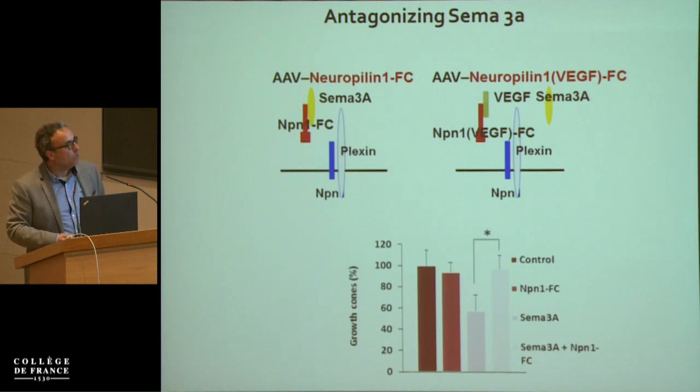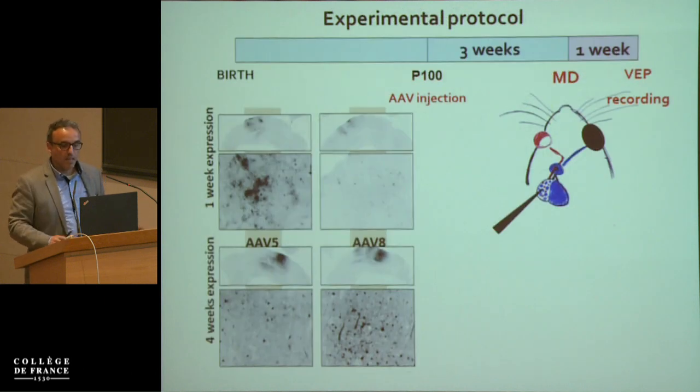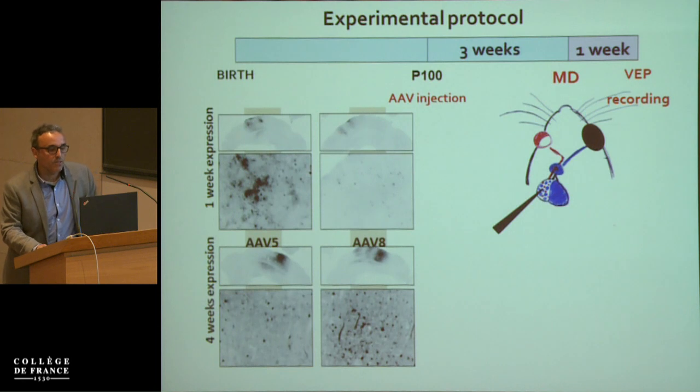And he tested that they are able to block SEMA3A activity in an in vitro bioassay, and prepared the adeno-associated virus that was injected at P100 in the rat visual cortex.